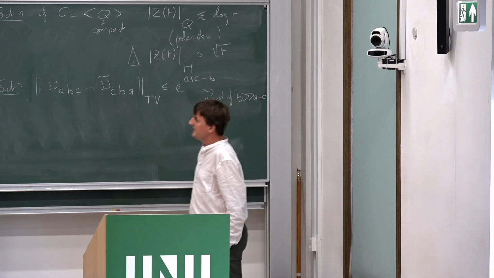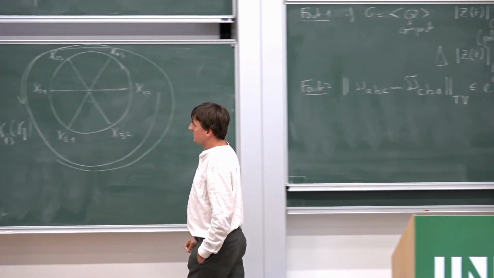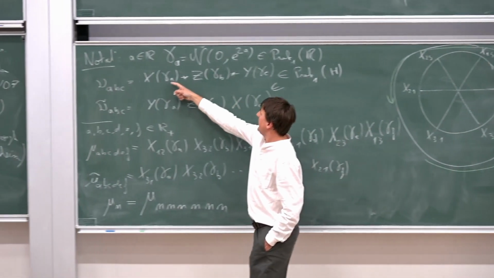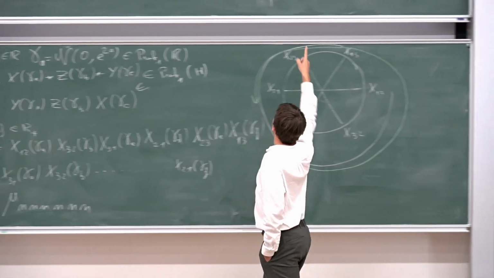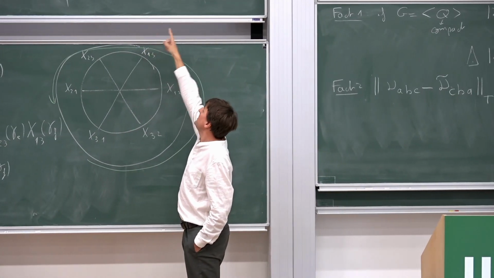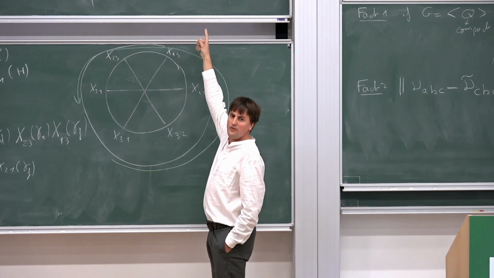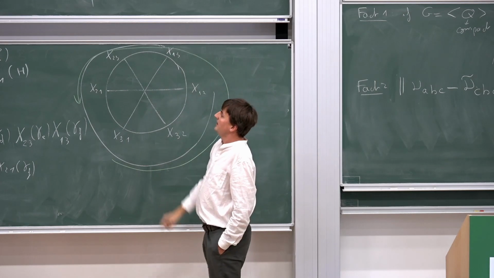Okay, so what is this saying? It's very simple. X and Y do not commute, but when you take a commutator, what appears is Z of ST, of the product.